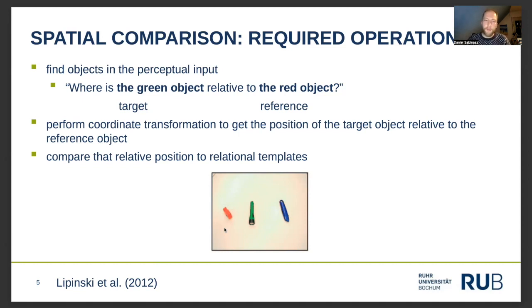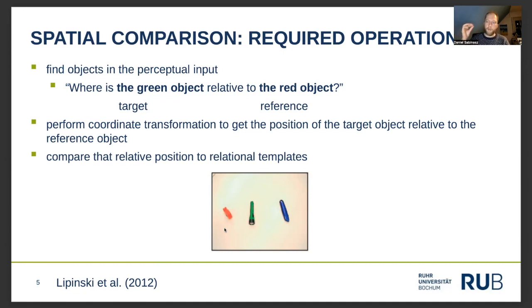And finally, we do not just want the model to answer with the relative spatial location, but we want it to answer with a spatial relational term or concept. So the answer should be, it's to the right. And so what we need to do is compare that relative position to a certain spatial relational template.